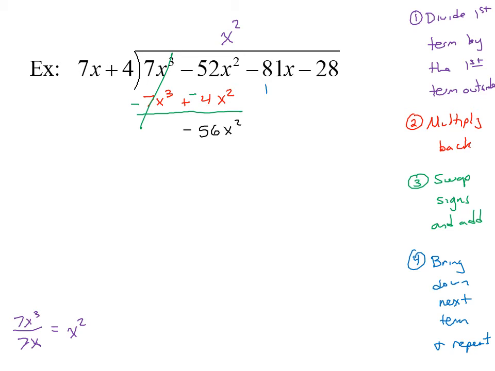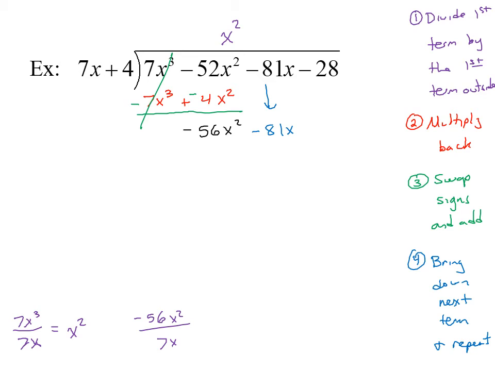So I bring down this next term, this negative 81x, and I do the exact same process again. Now my first term to be divided by is the negative 56x squared. So I'll take the negative 56x squared and divide it by the same 7x.